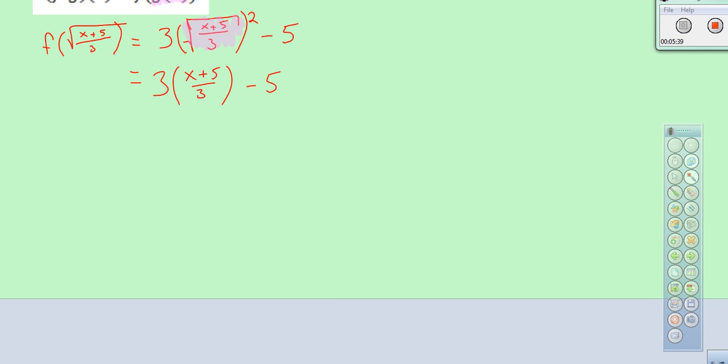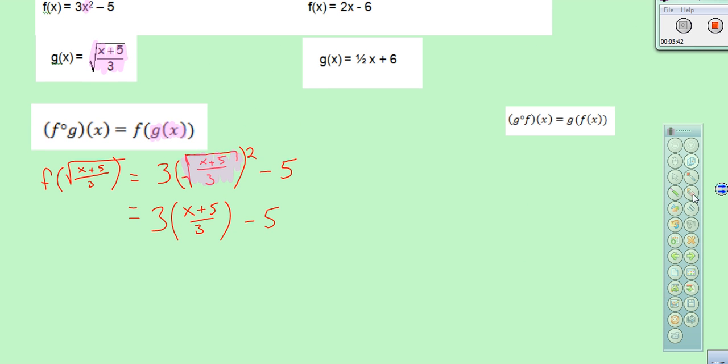Okay, I keep on moving myself along. And so now I come along and I have to distribute. Well, the beautiful thing right now is that this 3 right here is in the numerator and this 3 right here is in the denominator. So those 3's cancel. I'm left with x plus 5 minus 5.